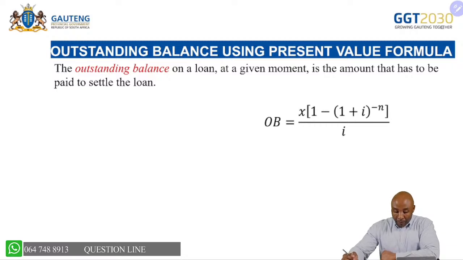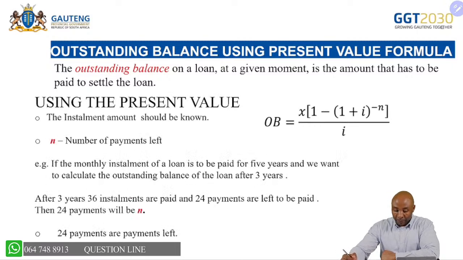So this one becomes easier if you know the number of payments that you are supposed to make. Then you do your subtraction to get your N, the number of outstanding payments. Now, this is how we use the present value formula as explained there. We should know the value of our X for us to use this formula. N is the number of payments that are yet to be made.